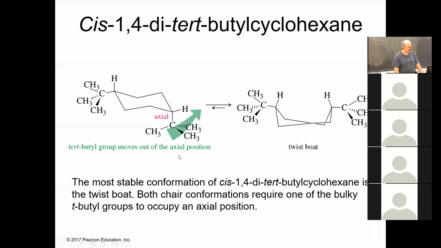In this case, because there's so much steric interaction with this axial tert-butyl group, the tert-butyl group is so large, takes up so much space, that it actually ends up forcing the ring into a twist boat conformation. But the tert-butyl group on the left remains in the equatorial position.